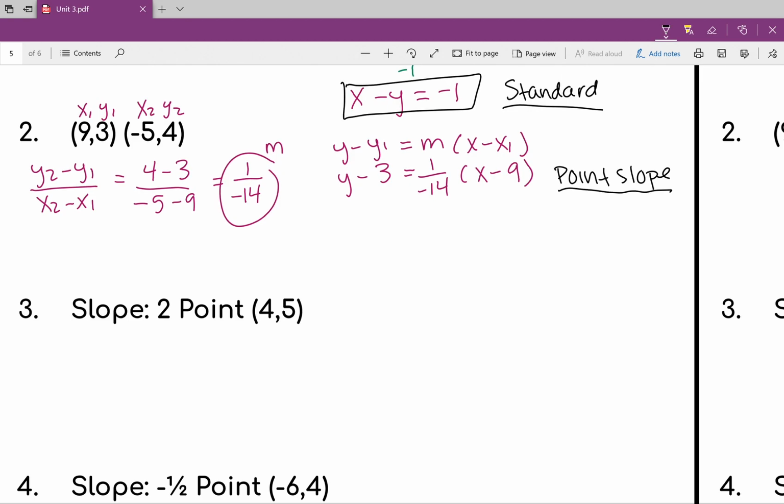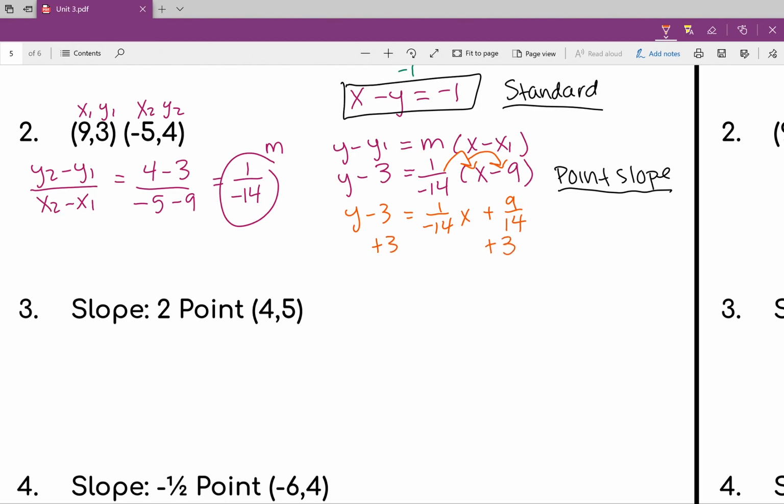Okay, then I need to simplify this to make it into slope-intercept form. So I'm going to distribute. So I have y minus 3 is equal to 1 over negative 14 x plus 9 over 14. Okay, then I need to add 3.